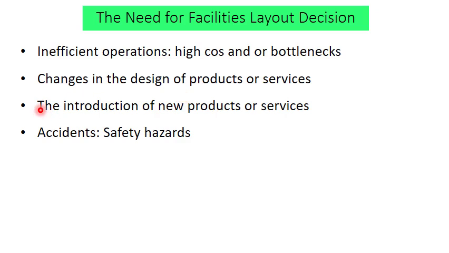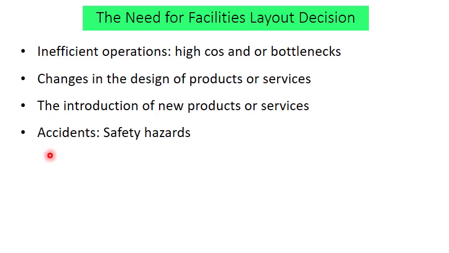And the third one is the introduction of a new product or service. When we introduce a new product, it is obvious that we have to change our process, we have to change our layout as well. And the other is in the case of accidents. If we face a lot of frequent accidents, we have to change our facility layout.